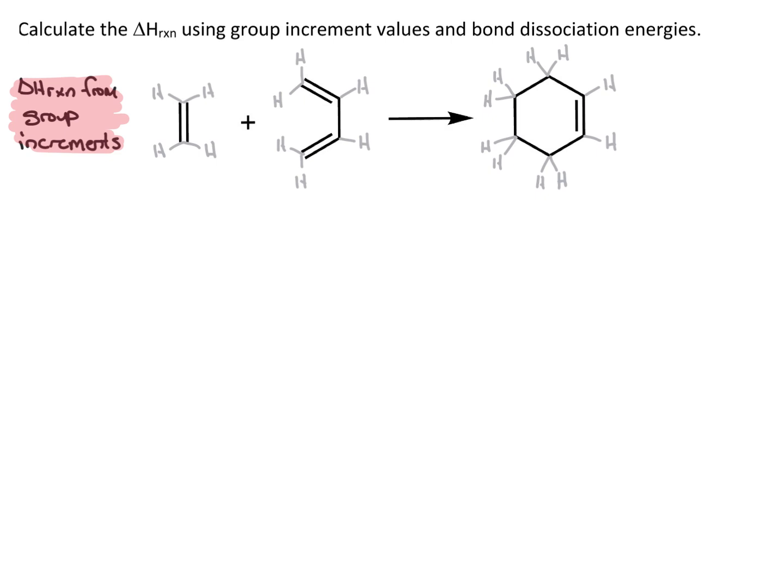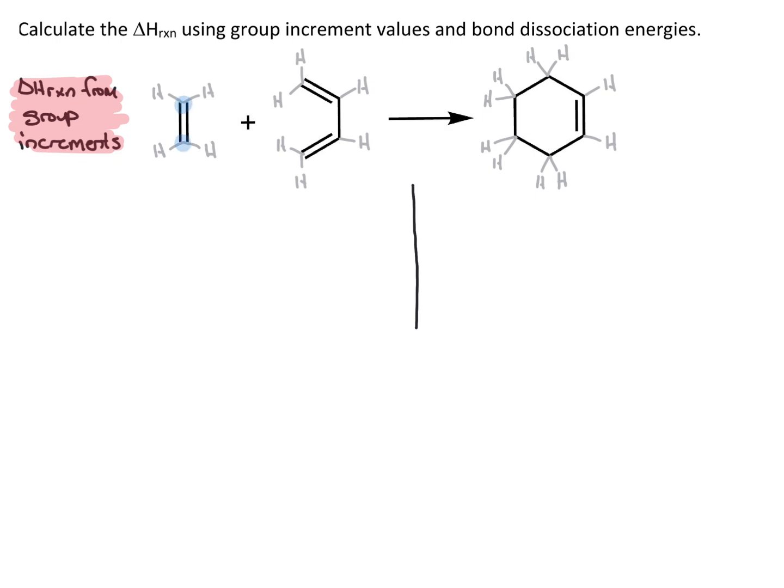Okay, so let's start with our reactants, and we'll actually be able to use some of the same values for the product as well. So in the alkene that we start with, these two carbons are identical, right?